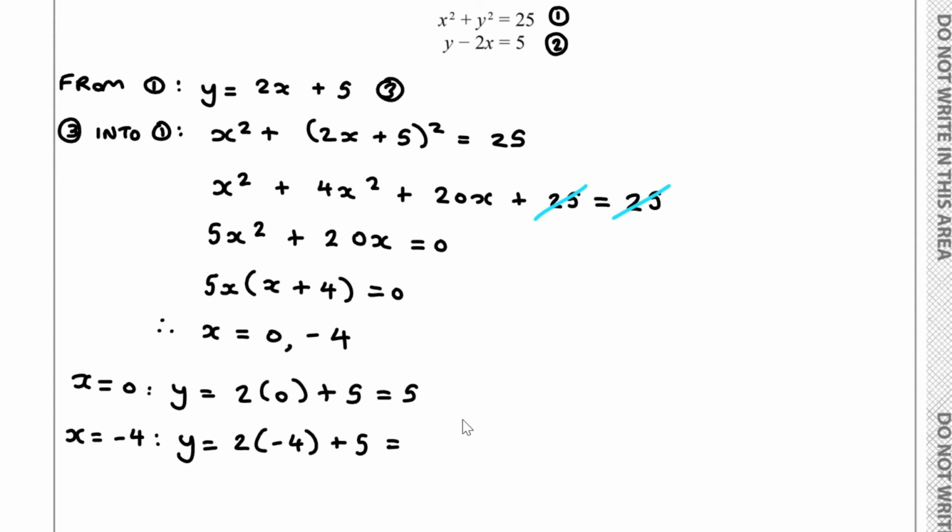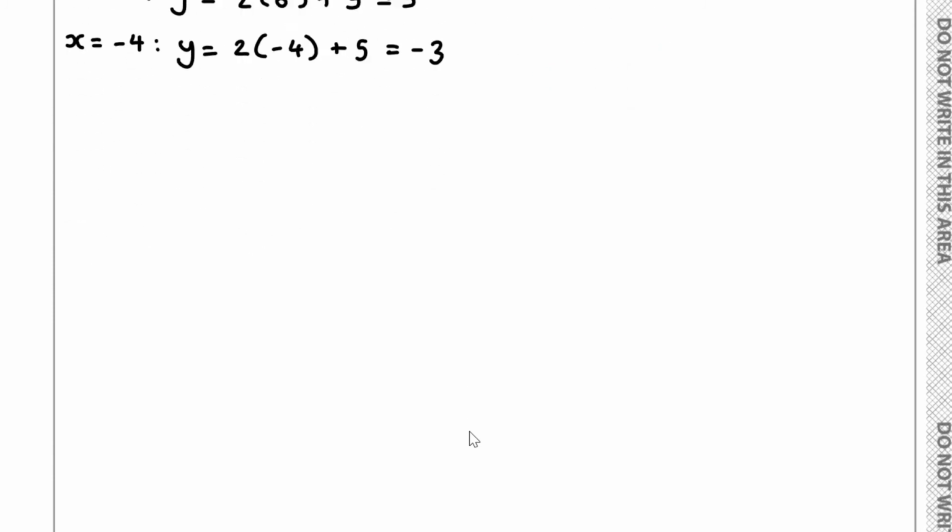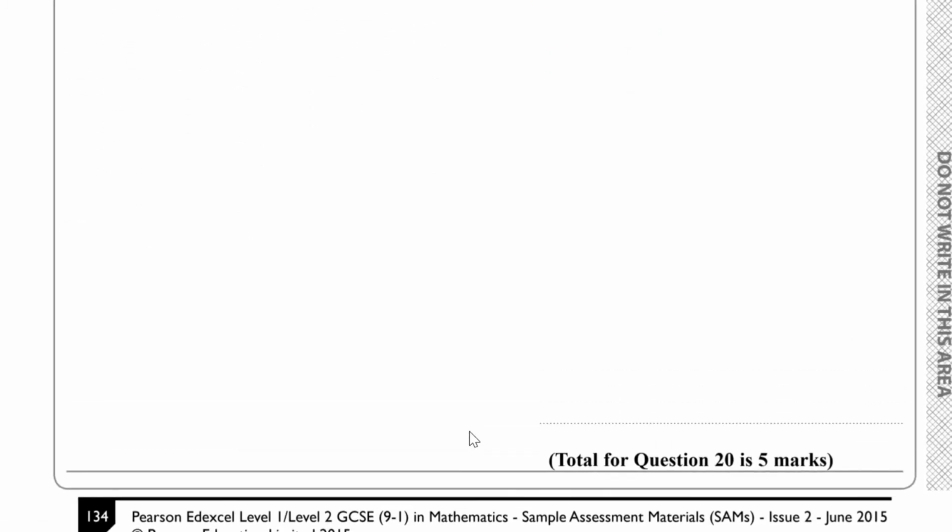So we've got minus 8 plus 5, which is minus 3. Now, we can therefore conclude for our solutions, we have x equals 0, y equals 5, and x equals minus 4, y equals minus 3. Okay?